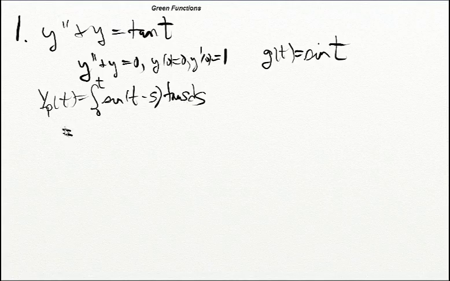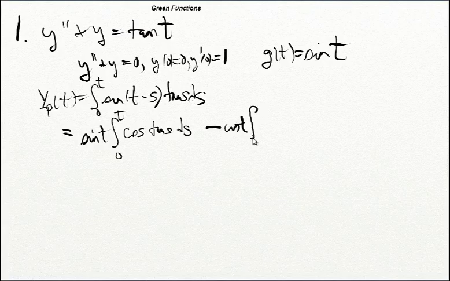We'll expand sine of t minus s, and so we get sine of t times the integral cosine s tangent s ds, and the second term, a minus sign, we'll get cosine t times the integral from 0 to t sine s tangent s ds.